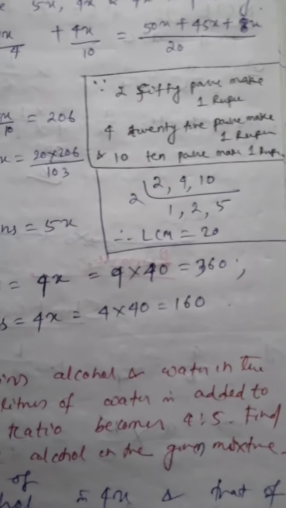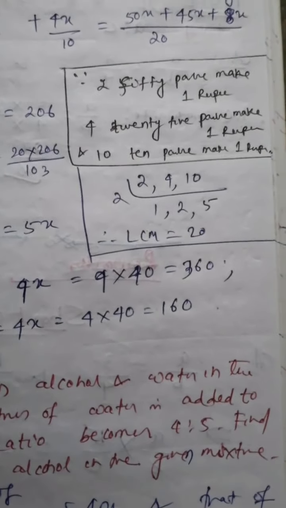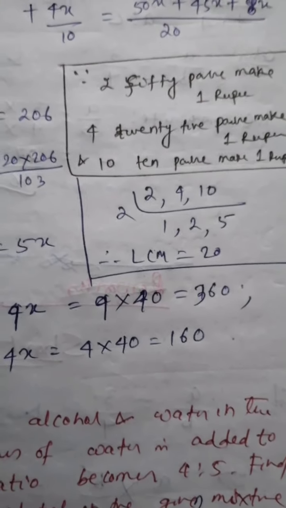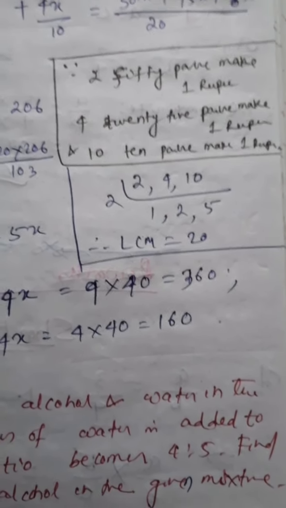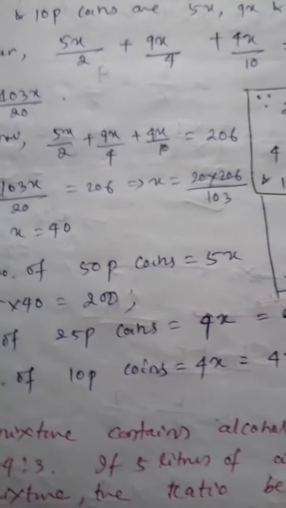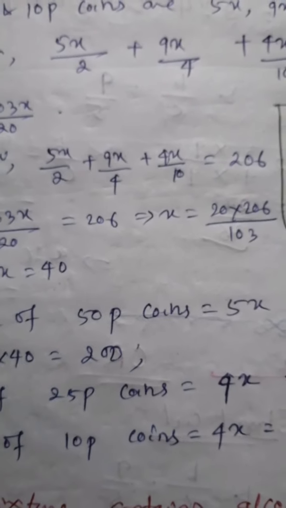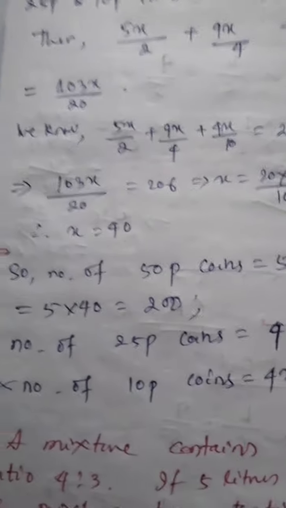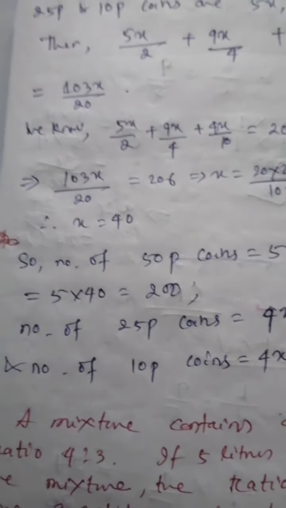I must tell you one thing: 200 paise make 1 rupee, similarly 400 paise make 1 rupee, and 10 paise make 1 rupee. So for that reason, in the denominator I have put 2, 4 and 10. Now we have got the value as 103x by 20.